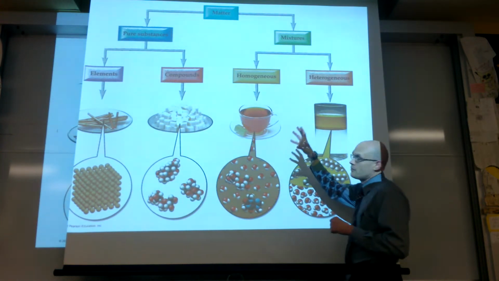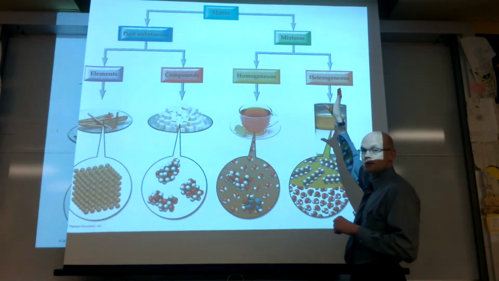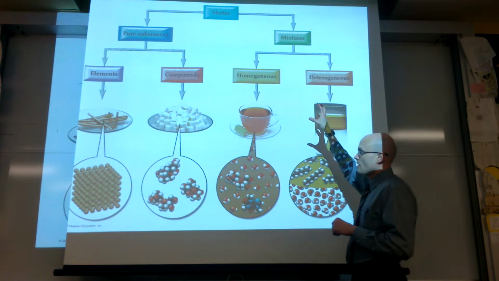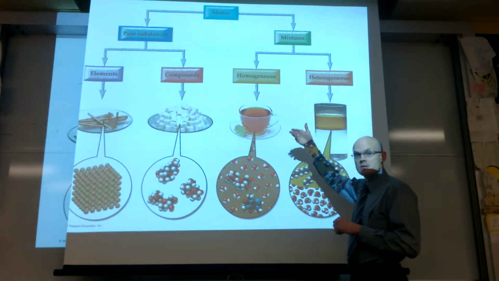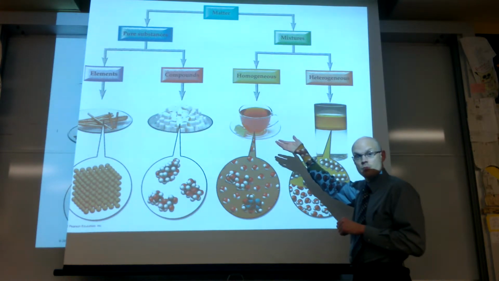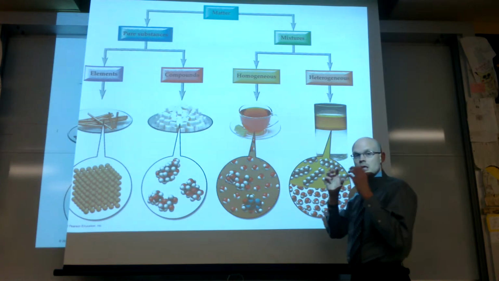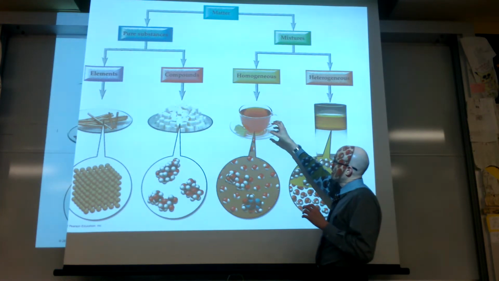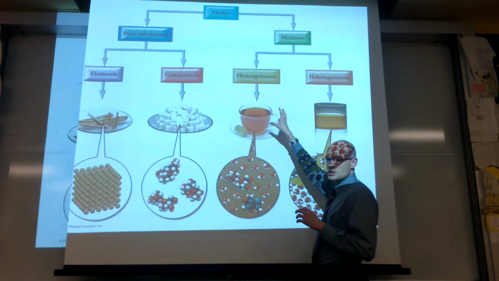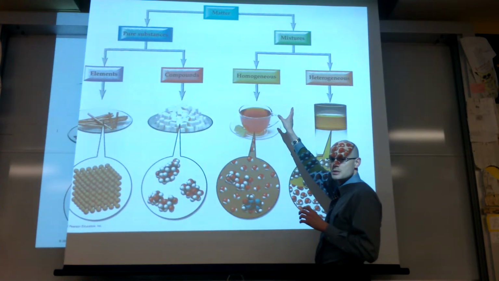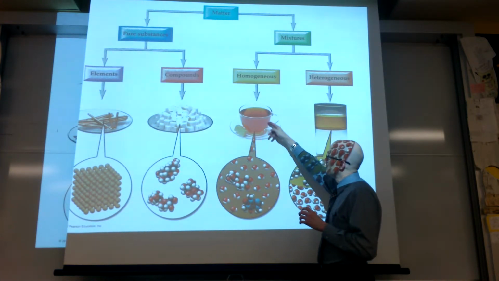Now, if your matter is not a pure substance based on composition, then it's defined as a mixture, where you take various forms of matter and just physically mix them together. You just stir them together. They're not chemically bonded together, much like this cup of hot tea, which is considered a homogeneous mixture, meaning uniform composition, the same composition throughout the whole cup.